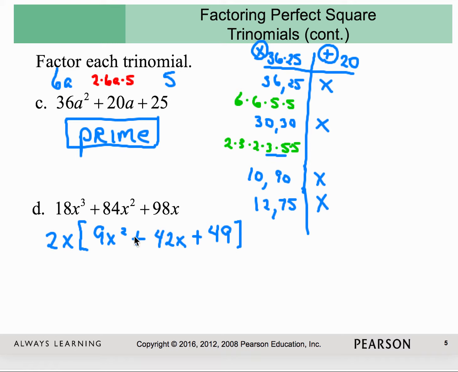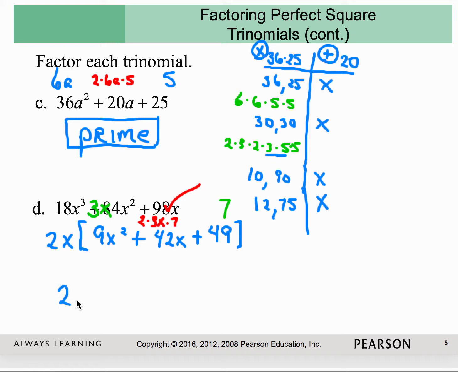All right, and now I got to keep trying to factor this, but my question is, hey, is this a perfect square trinomial? Because I noticed that 9x squared has a square root, 3x, and the square root of 49 is 7. So is this middle term 2 times 3x times 7? 6 times 7, 42x, yes. Then I know how it factors.